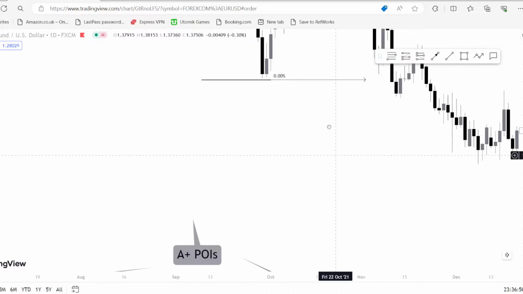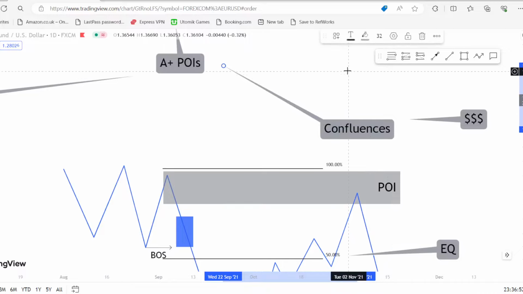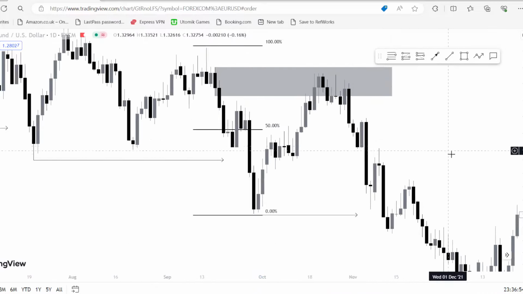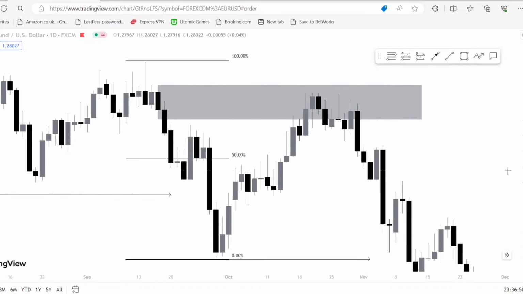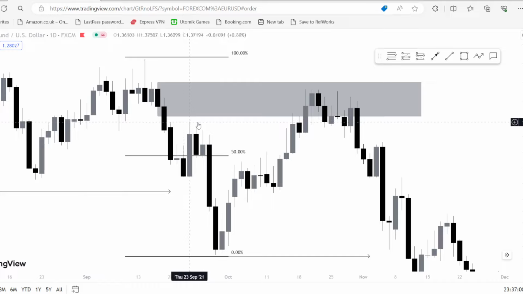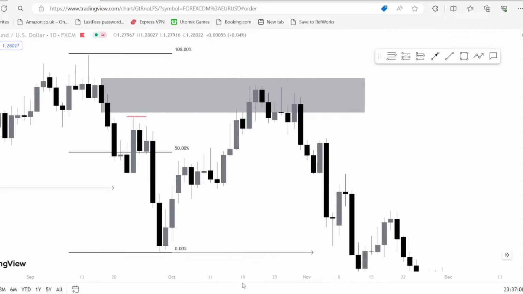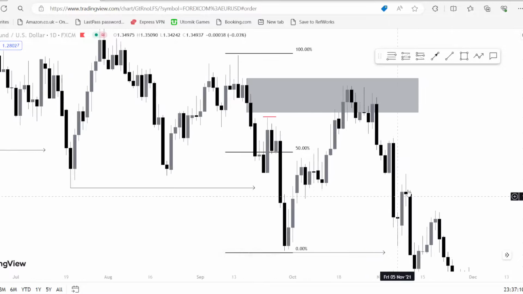Now, when it comes to our confluences over here, what we're looking for is an inducement. So do you see the inducement in this chart? Well, the inducement is quite simply this high over here, this miniature high over here. So a simple hack to determine whether it's an inducement is like this, right?